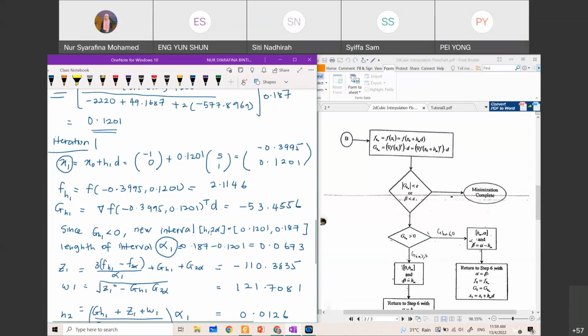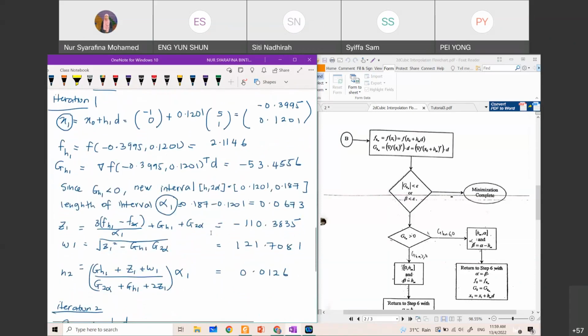Okay, clear? Anyone has question? Until you reach the magnitude of GH less than epsilon. So for this example, you're going to reach up until iteration number 8.